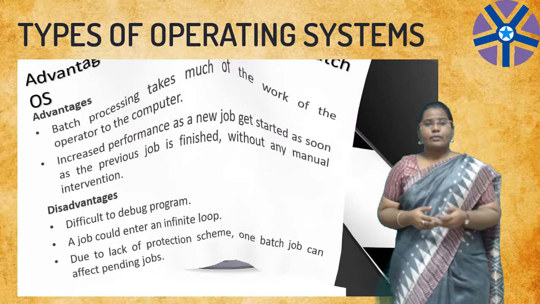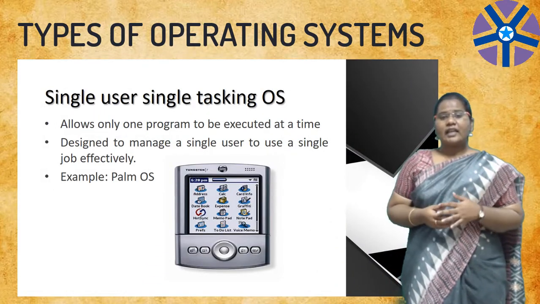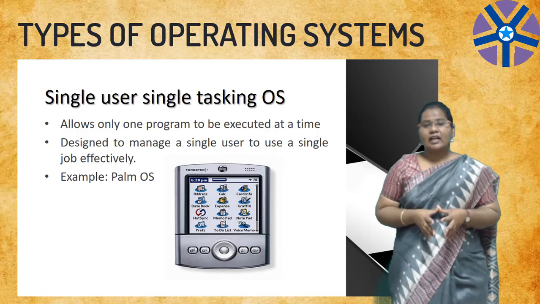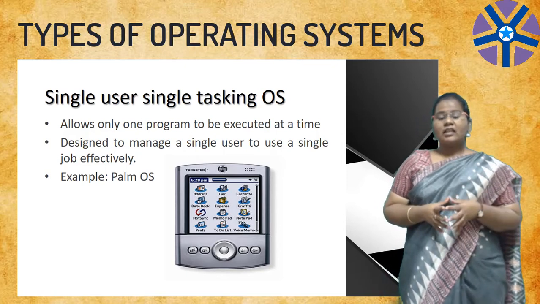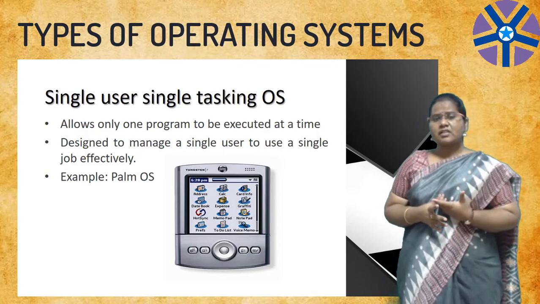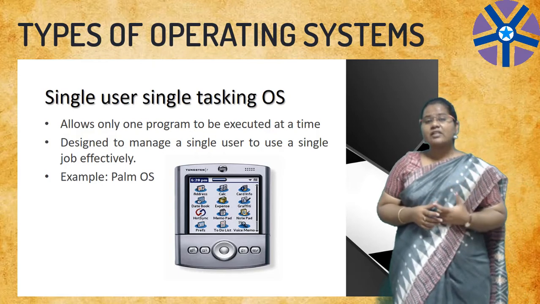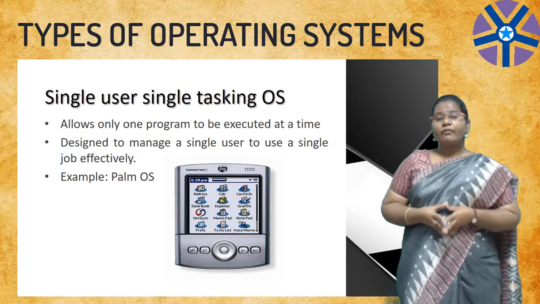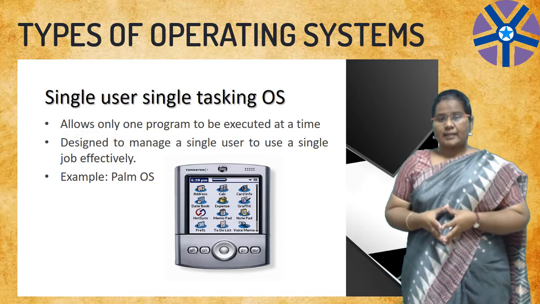With these disadvantages, we'll go to the next operating system, that is the single user, single tasking operating system. The name itself describes that only one single user can interact with the operating system and he can perform only one single task at a time.